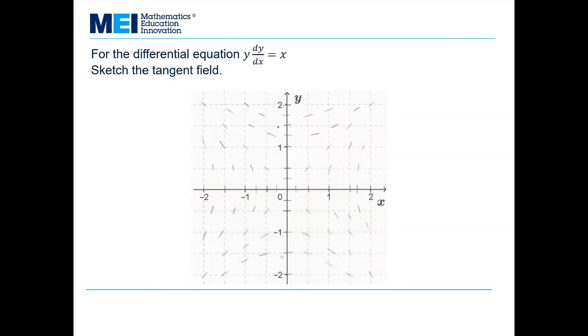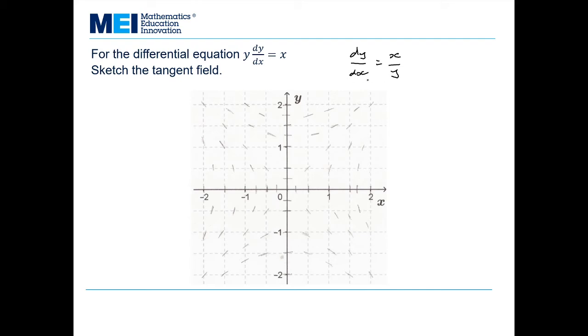So here's my sketch of the tangent field for y dy by dx equals x, which I've rewritten as dy by dx equals x over y. So thinking about what's happening on the two axes, in the case where x equals 0, dy by dx equals 0, so that means that on the y-axis, the gradient is 0.